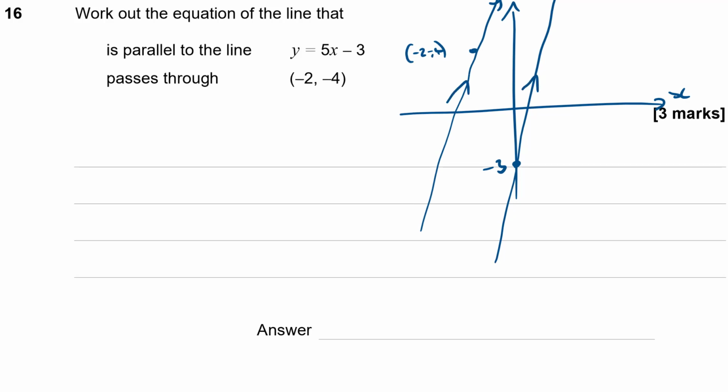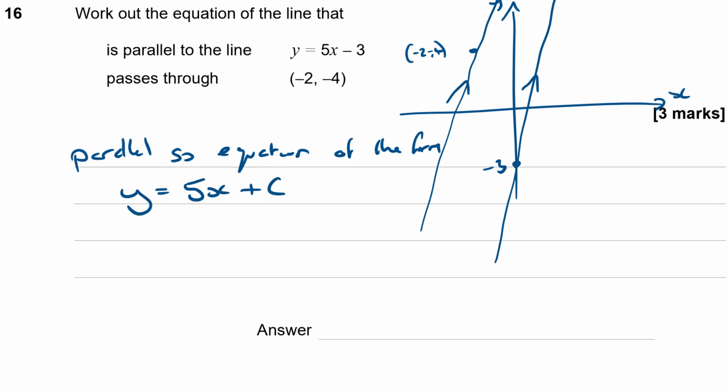Right, so if two lines are parallel, it means that their gradients must be the same. So parallel, equation of the form y equals, it's going to have to be y equals 5x plus something, because the gradient is the same.